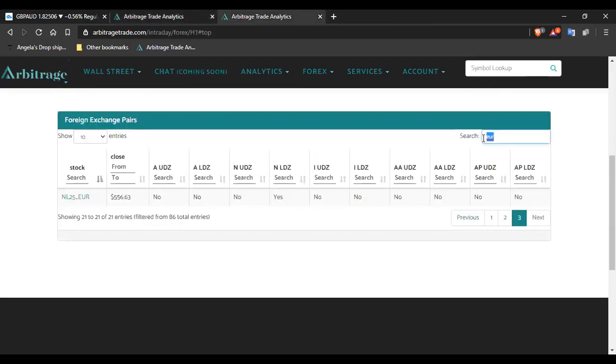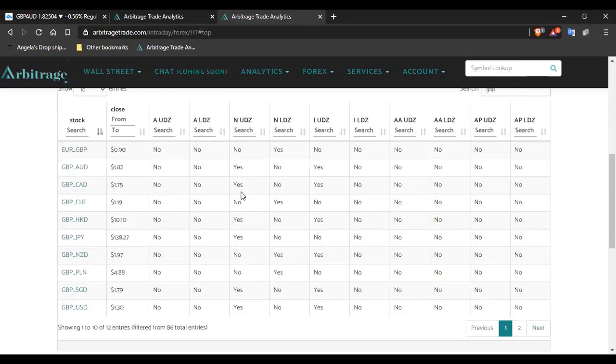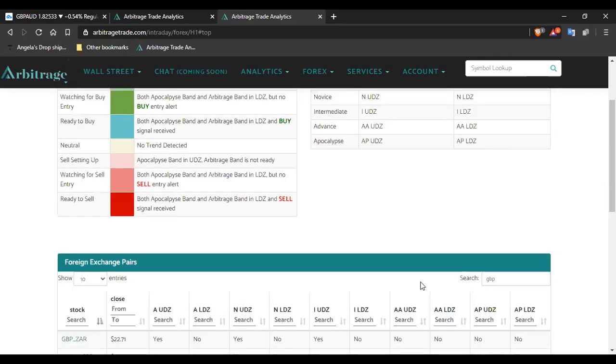Type in GBP. And then no, as per usual. Well, not as per usual, but you guys get what I mean. And then the upper danger zone for GBPZAR is confirmed. So that's going to be another one to look at. Have a good amount of pairs that we're going to take a look at this morning. Let's look at AUD pairs.